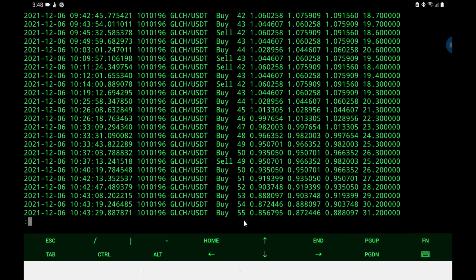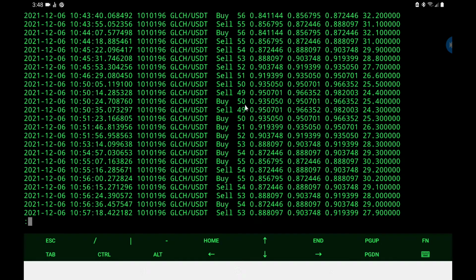Now you see 55%, 56% below the original purchase price. We're still in the 50s below original purchase price. But it's important to understand, here we're at 31.10 at 55% below original purchase price.